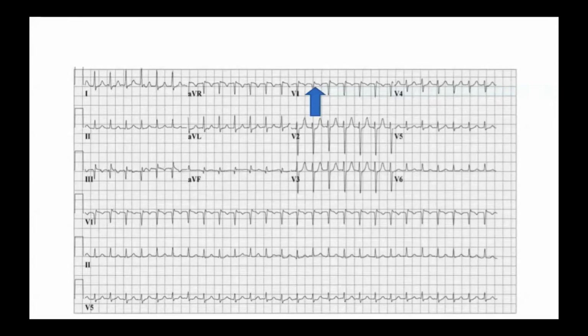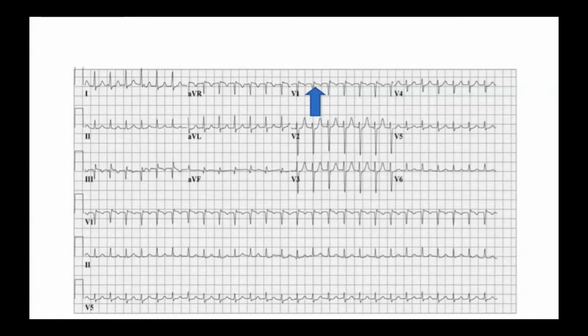What type of narrow tachycardia? There is no obvious P wave or retrogradely conducted P wave. Most likely it is AV-NRT tachycardia. AV-NRT tachycardia. Okay. Fine. Good.